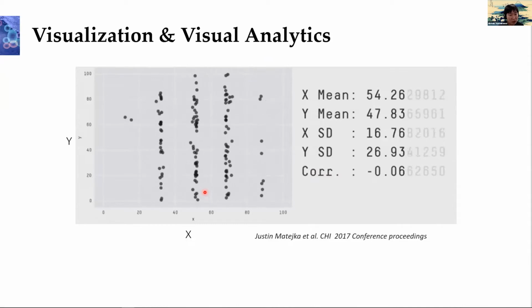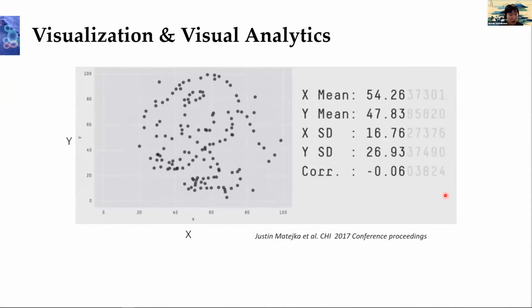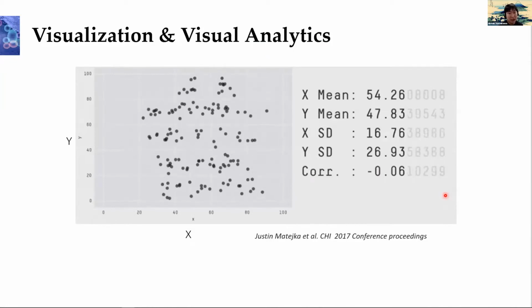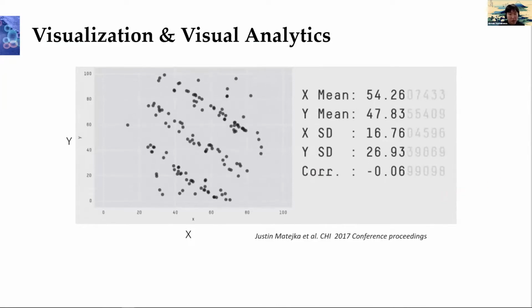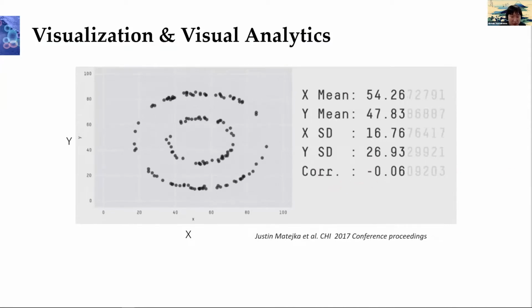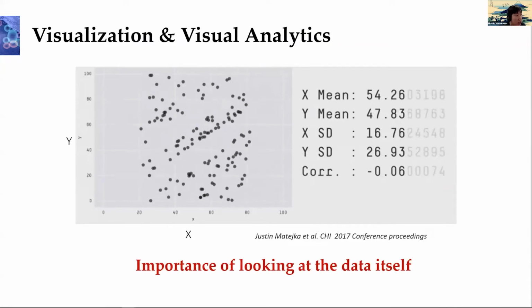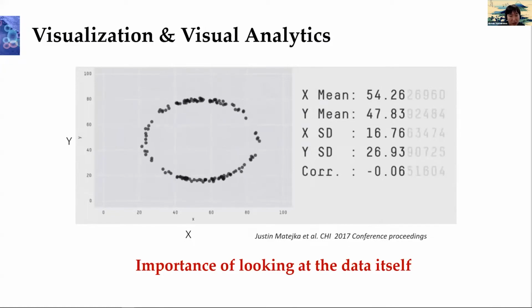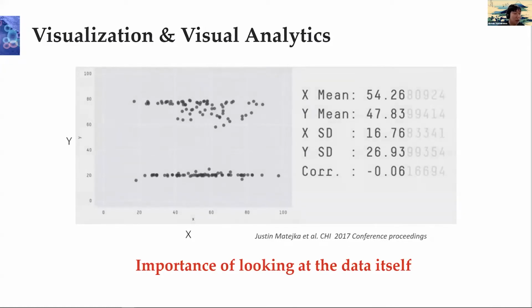By using the visual representation of a scatter plot, we can see the structure of the data, which is not apparent from the statistics alone. I'd like to emphasize the importance of looking at the data itself. And our motivation is to find something like a dinosaur, I mean, an interesting pattern, from the ancient Indian literature dataset.